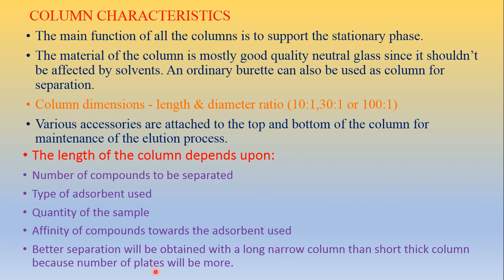A high number of theoretical plates means the separation is better and more efficient. The number of theoretical plates also depends on the nature of the adsorbent. If our adsorbent has high surface area and high mesh size, then obviously the number of theoretical plates will be high and the separation will be better.